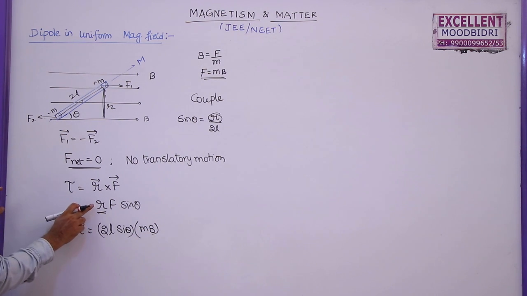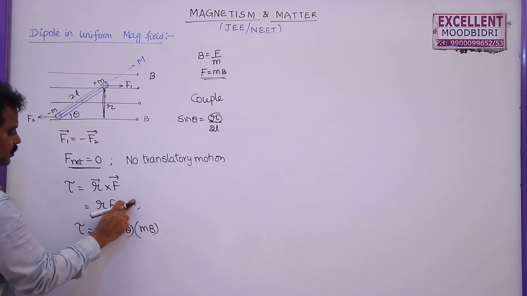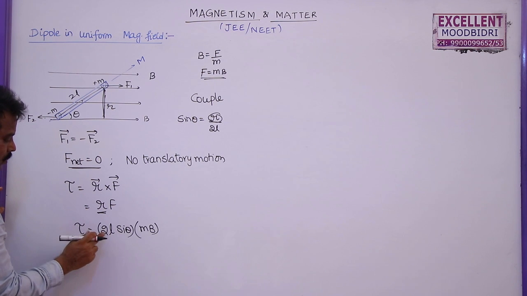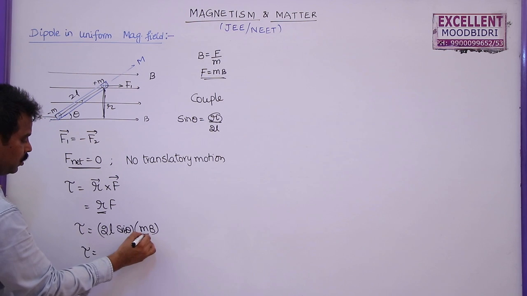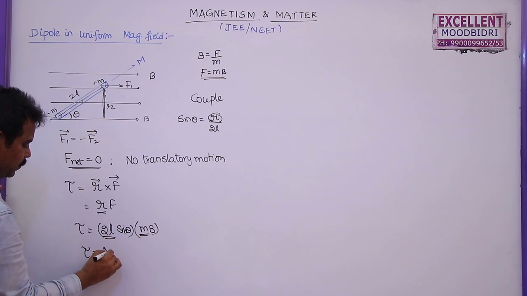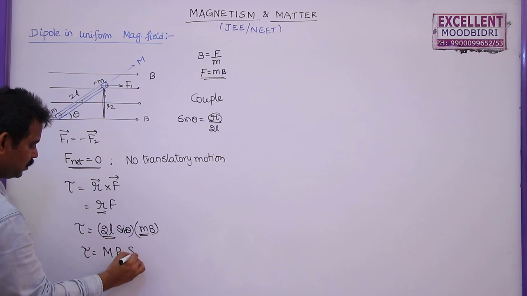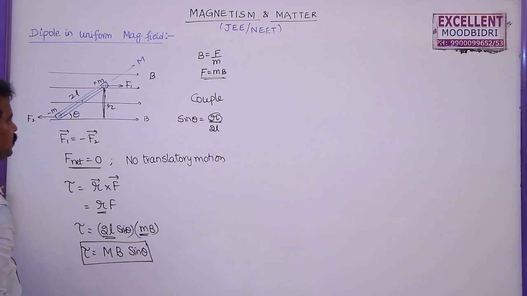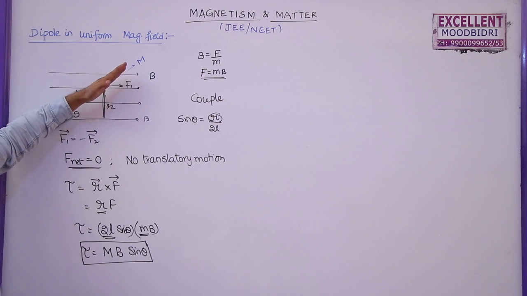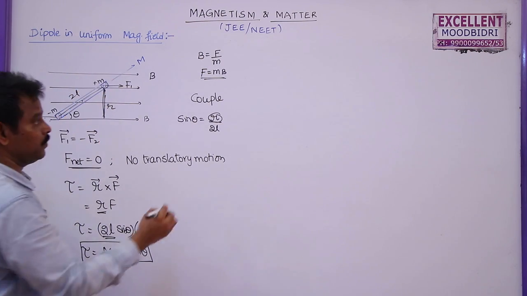Sin theta is not required again because I have already written r in terms of sin theta. So tau is equal to m into 2l, which is capital M, times B sin theta. So this is the torque experienced by a dipole when placed in a uniform magnetic field.